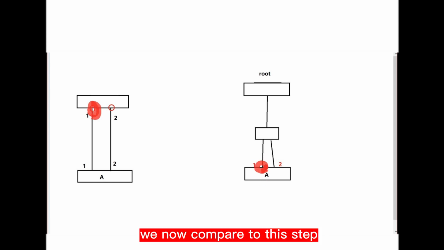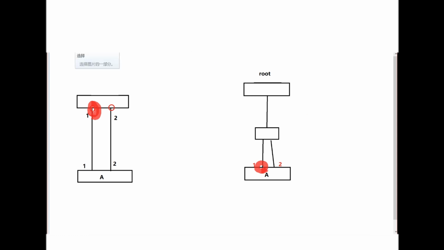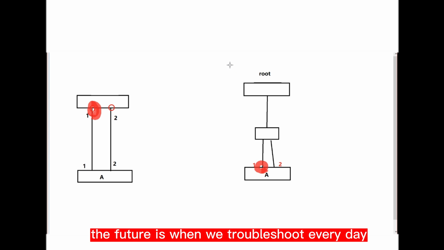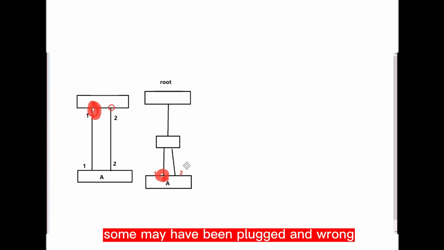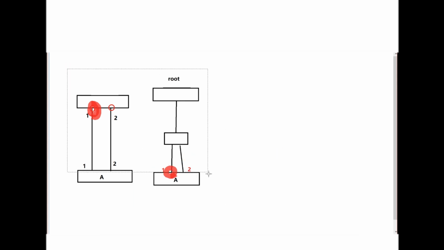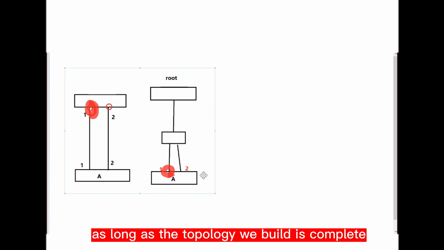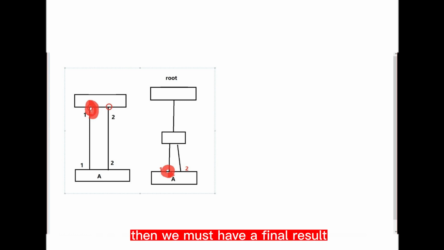We now compare to this step. Is it possible that there is still no comparison? The future is when we troubleshoot every day. You will find that some may have been plugged in wrong. But we won't discuss these special cases when we study. Theoretically, as long as the topology we build is complete, as long as the wiring is connected correctly, then we must have a final result.